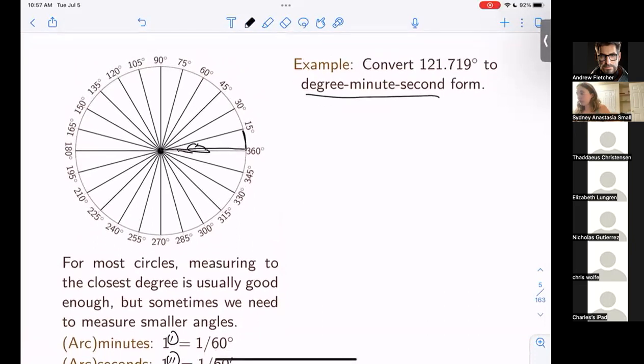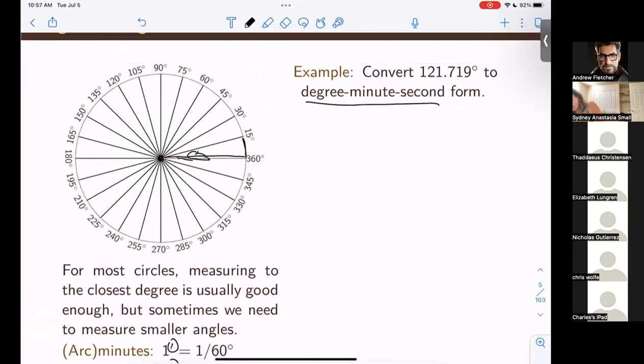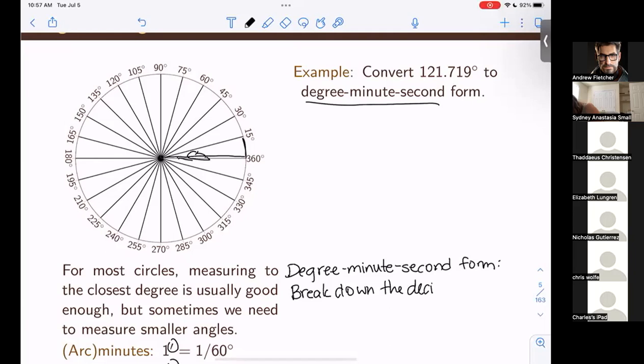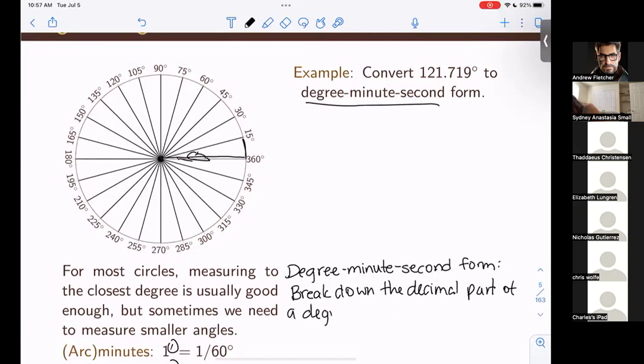Okay, so what is degree minute second form? I will just write down a brief definition. When we talk about degree minute second form of writing down an angle measure, we are essentially breaking down the decimal part of a degree measure into minutes.